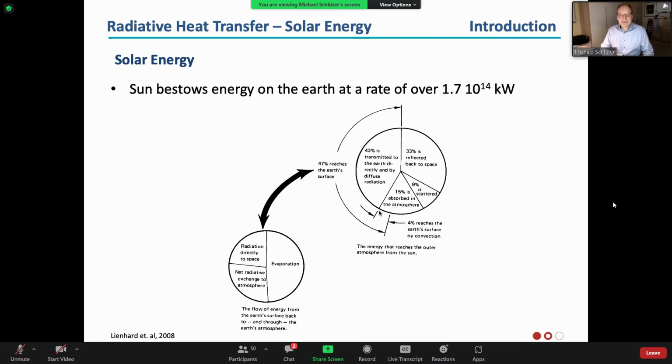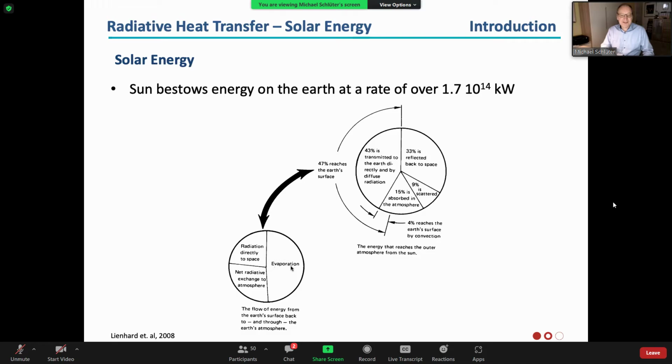Yeah, there was this interesting question before for the heater, if radiation has to be taken, convection has to be taken into account. Here you can see that convection on Earth, for example, is not very important related to the total energy that is reaching the Earth by radiation. And if you look from the Earth, back, we have a net radiative exchange to the atmosphere.